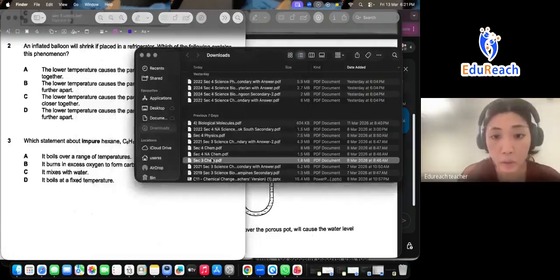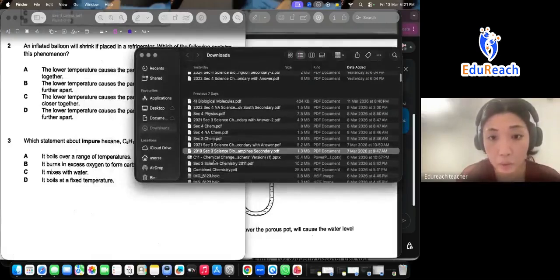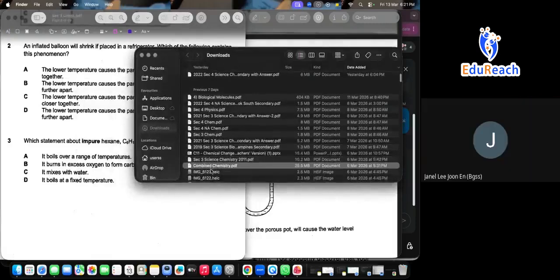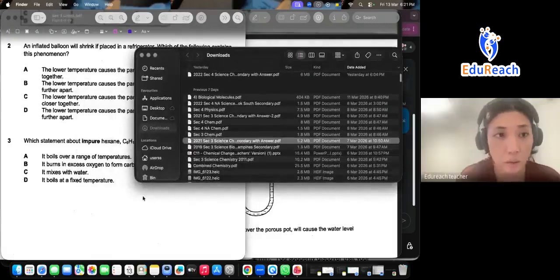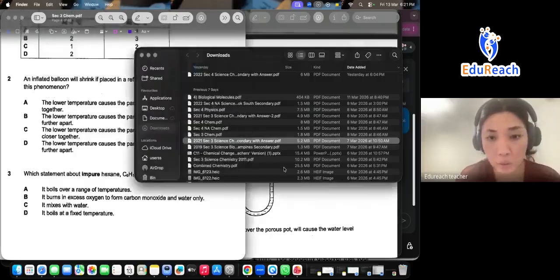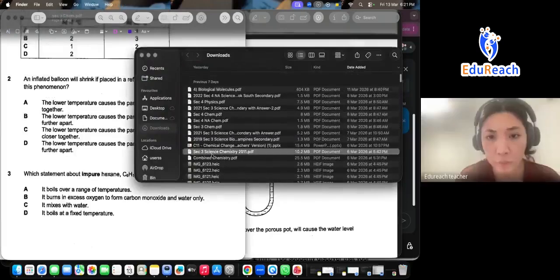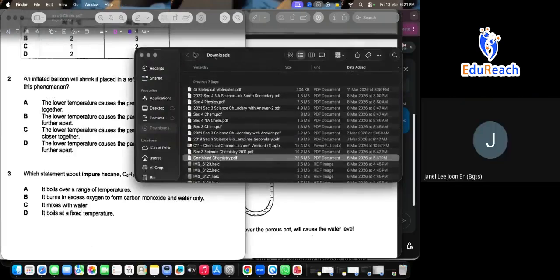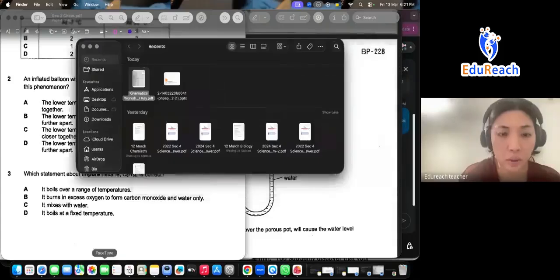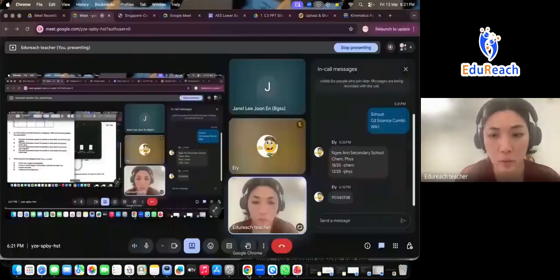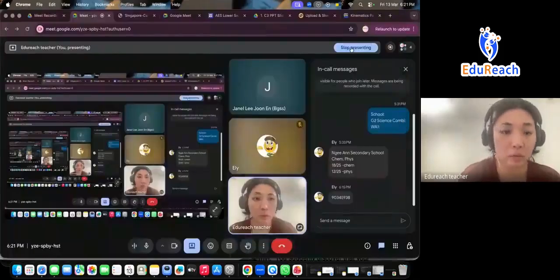Okay, just give me a second. Can you tell me what school this paper is? The Commonwealth, right? 2019. Okay, just give me a moment. I just need to get the correct one.